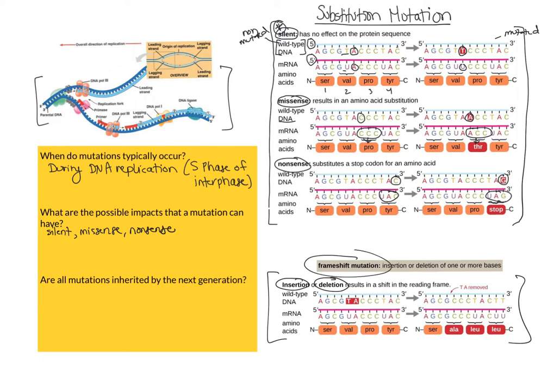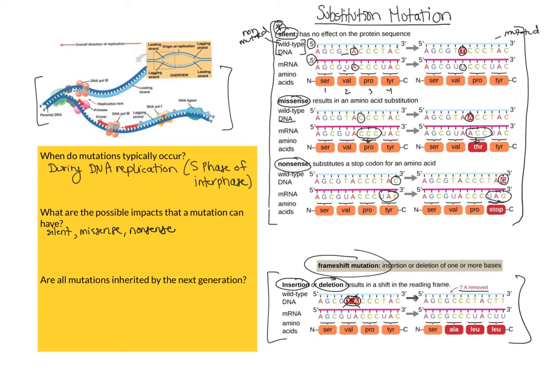And what that means is that if you take a look at the non-mutated or wild-type DNA right here, a deletion mutation has occurred where these two bases have been removed. And here is now the new sequence. So that T and A have been removed.